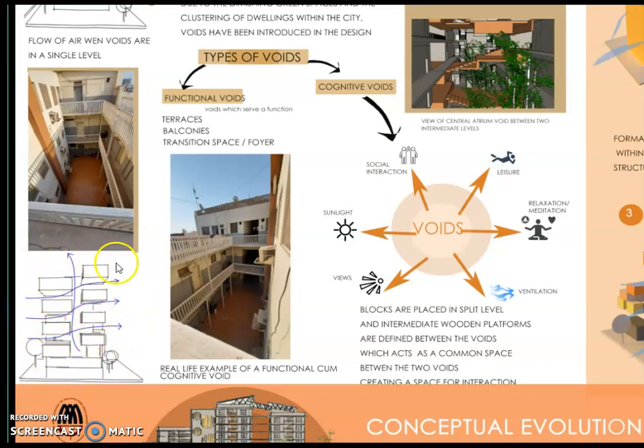This is a diagrammatic representation of voids placed at different intermediate levels and how air flows within the voids. The idea of air flowing was chosen to lessen the impact of climate and propose spaces less hot, less humid within the apartments.